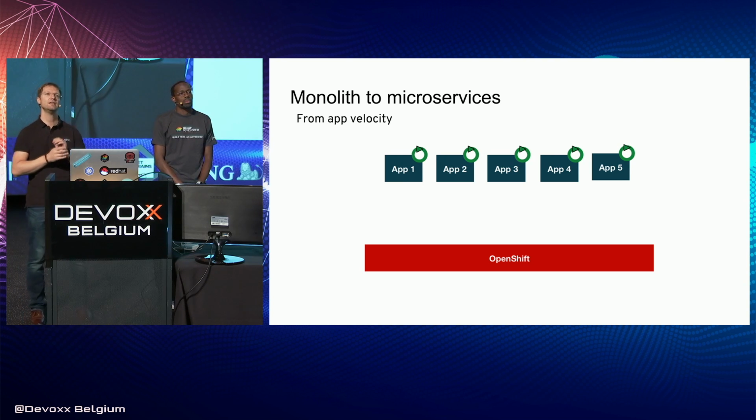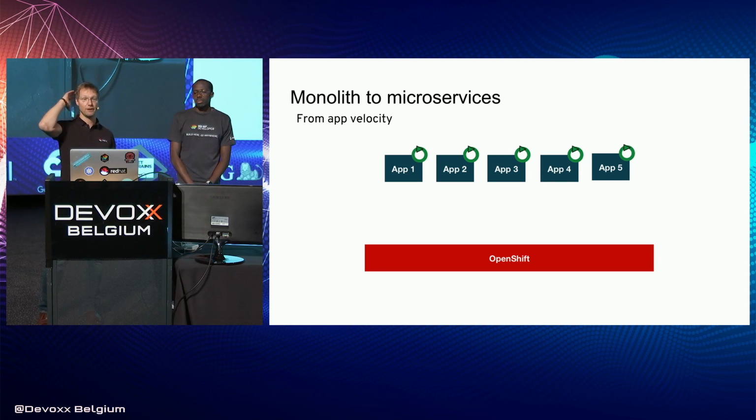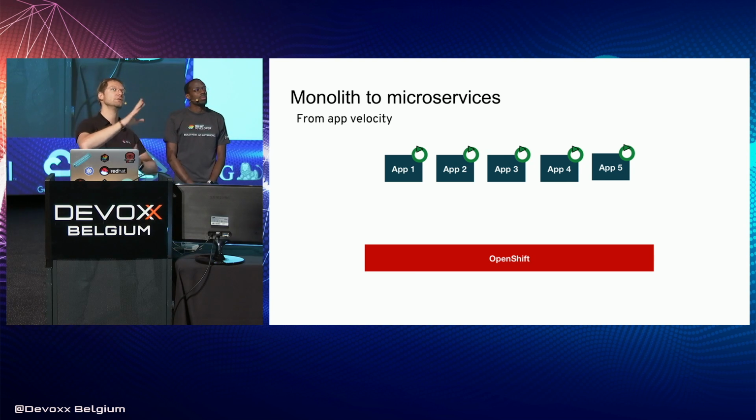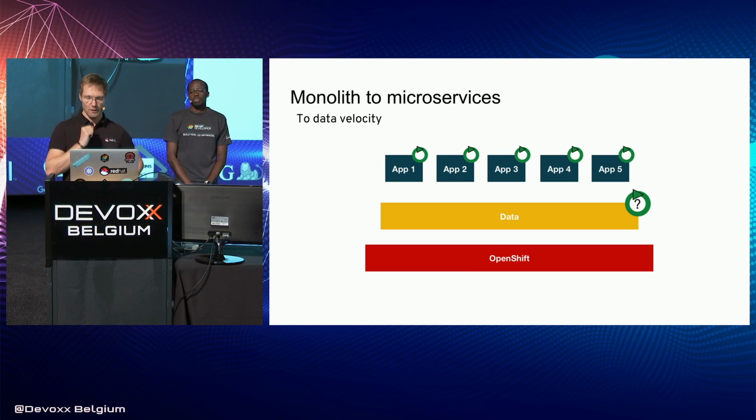And the key is that each of those microservices, which I not very smartly called apps here, should have a very independent life cycle from one another. So if I really have to deliver something on app 3, then the fact that app 1 is nowhere near ready for the next delivery is not a problem, right? So the life cycle and the teams can really focus wherever it makes sense.